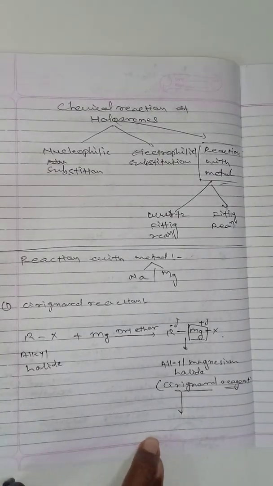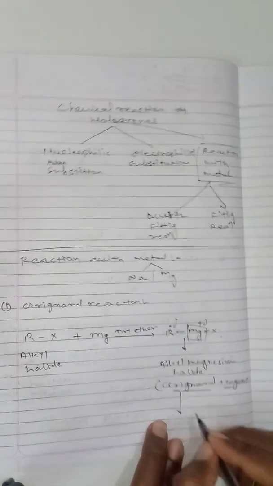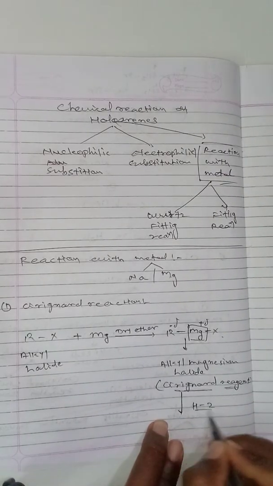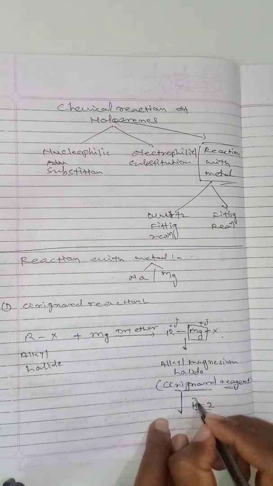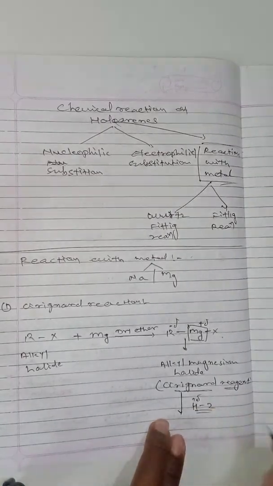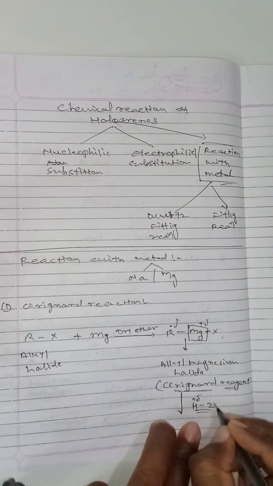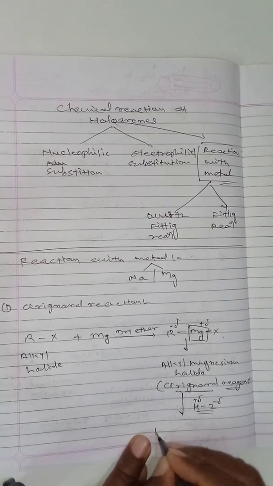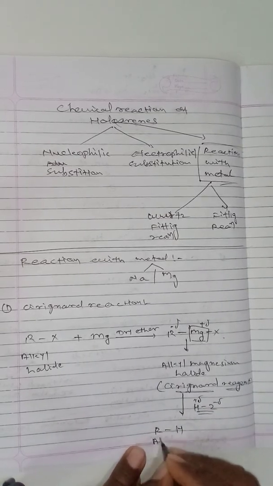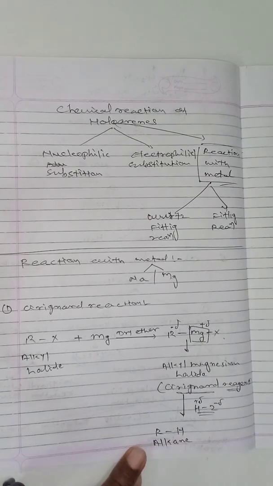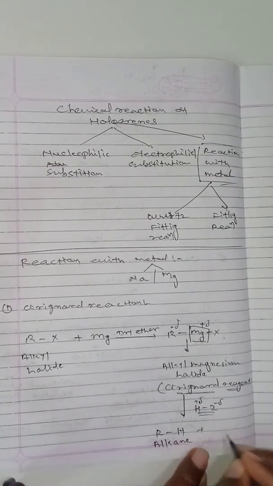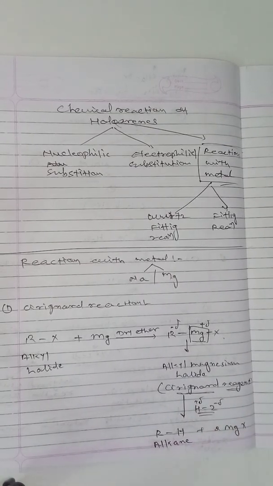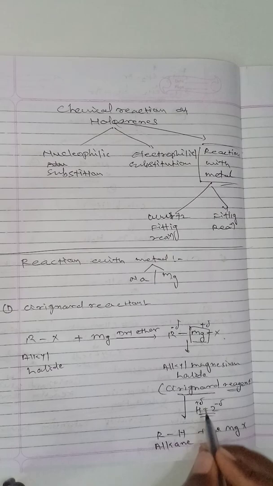This Grignard reagent reacts with any protonated reactant. Here H is partially positively charged and Z is partially negatively charged. That gives alkane and magnesium halide.